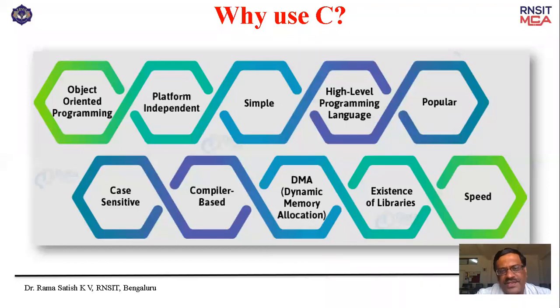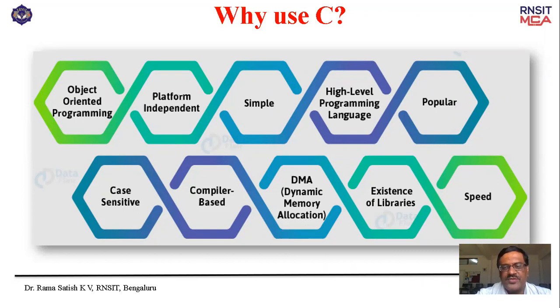And C has a very powerful feature called dynamic memory allocation. We will study exactly what dynamic memory allocation is during pointers. And with dynamic memory allocation, we can save a lot of memory, so your program works very efficiently. That is a concept that you should never forget.